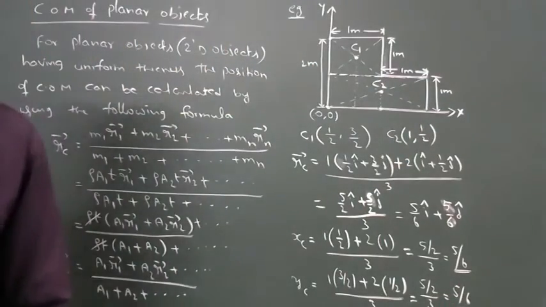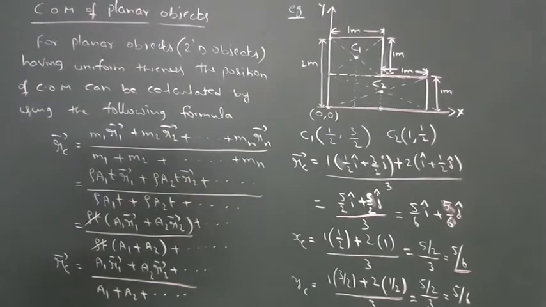So the coordinates of center of mass are 5 by 6 comma 5 by 6.